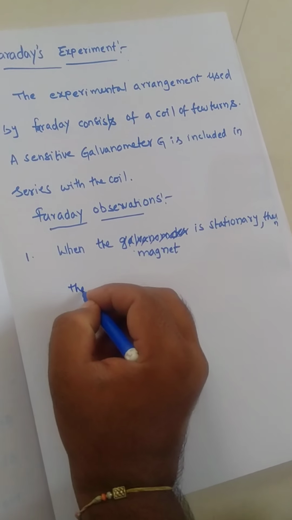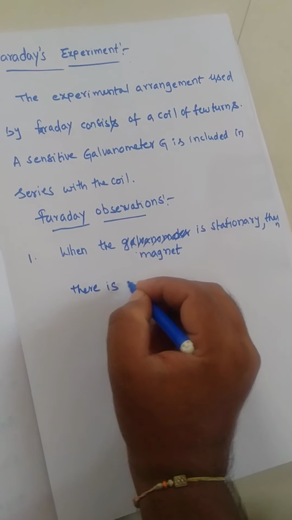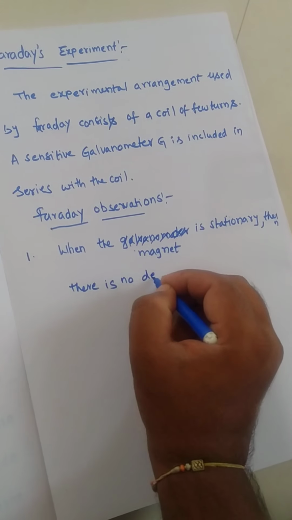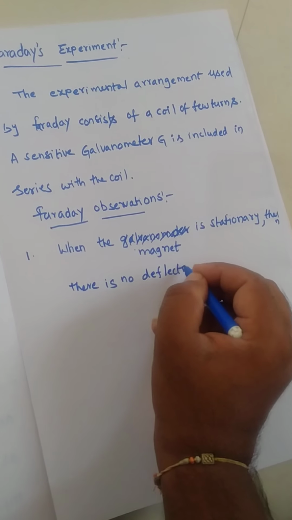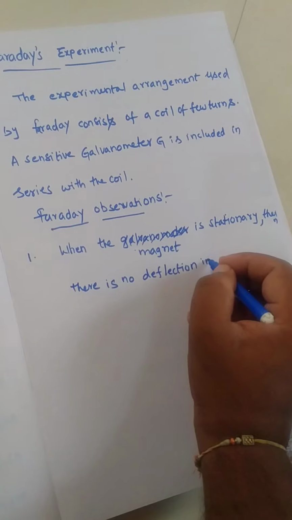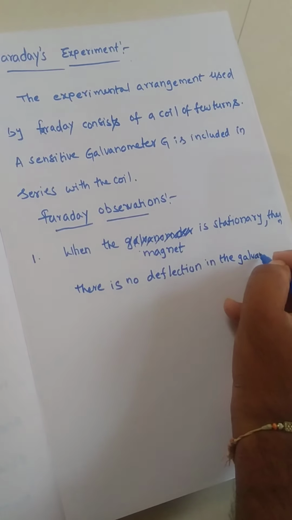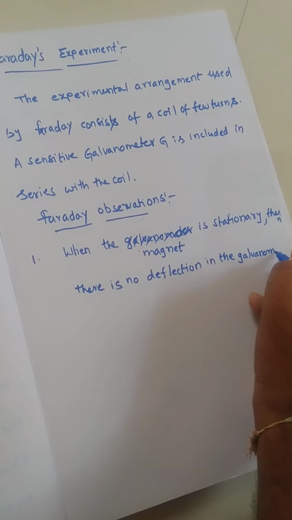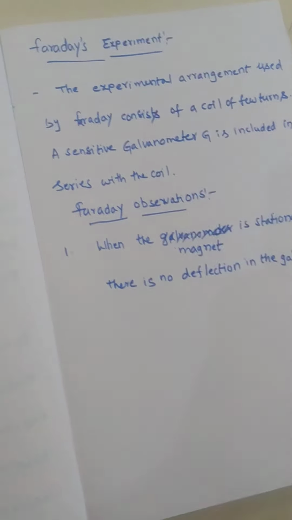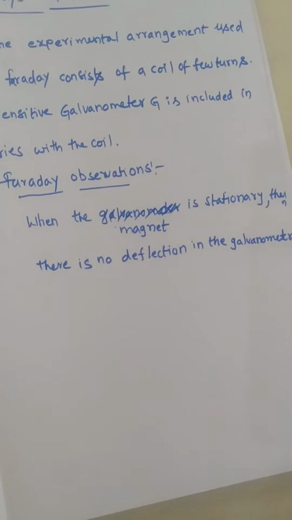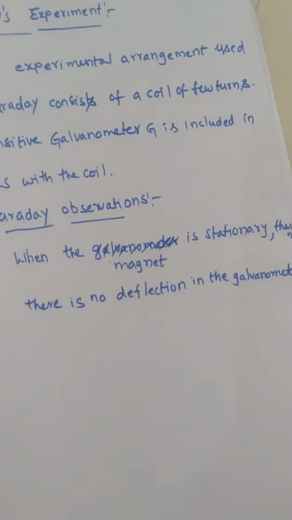When the magnet is stationary, then there is no deflection in the galvanometer.